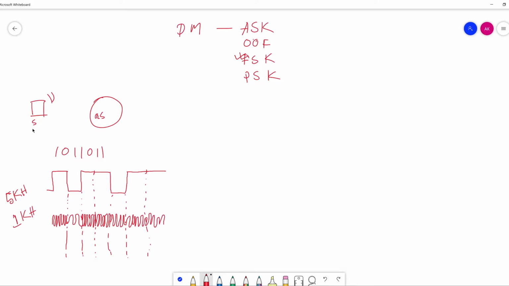So that's actually the basic. When we are sending the zeros, we have low frequency, and when we are sending the ones, we are sending the high frequency. So this is the basic of the FSK. So frequency shifting, we are shifting the frequencies according to our digital data stream.